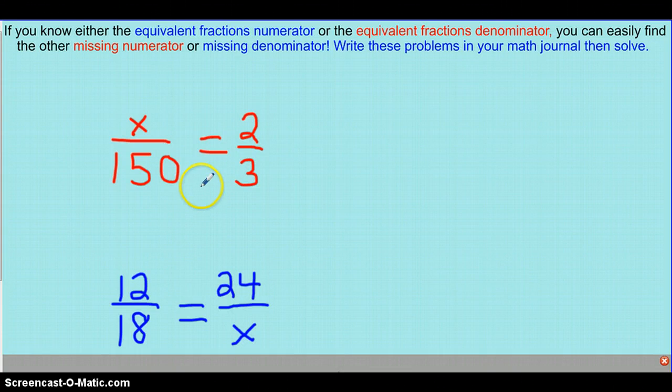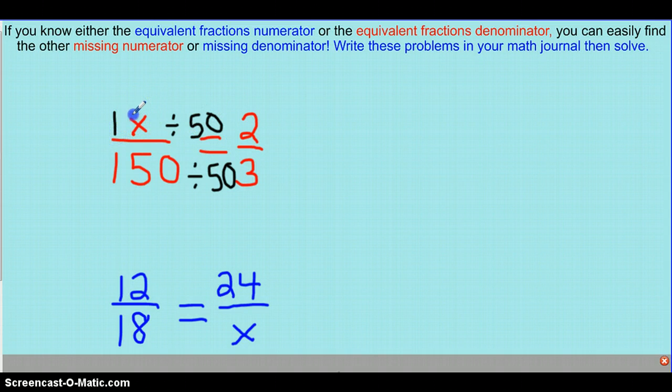150 to get to 3, I will divide by 50. Notice I picked the one that had the two numbers. Okay, so I'll do the same up here. X divided by 50 gives me 2. And I know its inverse is 2 times 50 gives me 100.